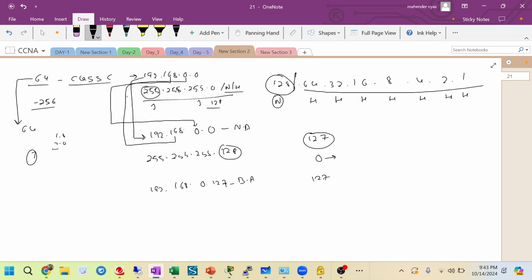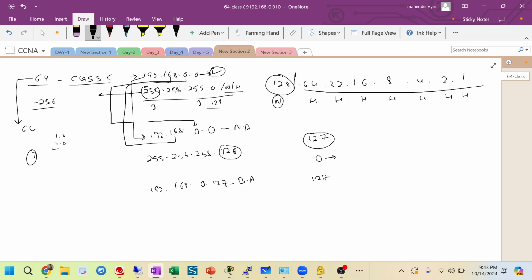No, this is not the default mask, the address can be anything. I got it, but you also mentioned it as a default address, therefore I'm asking. No, you can take 1.0, 2.0, anything. It doesn't matter. Okay, I got it.